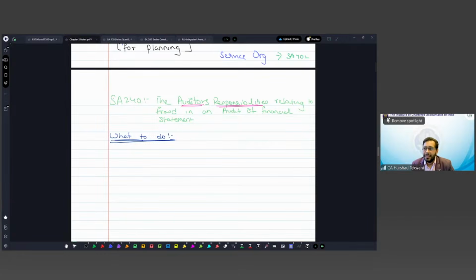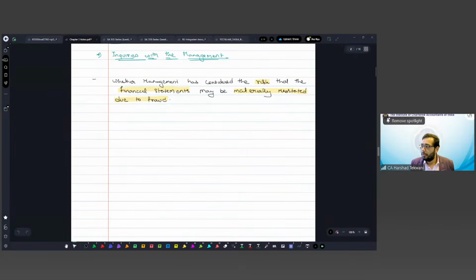If they are, we need to understand what they are doing in the business. For example, let's say management thinks, okay, we have implemented internal controls and processes in the company. Tell me about those processes. Tell me how you are preventing the fraud.